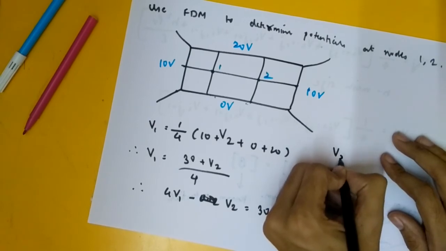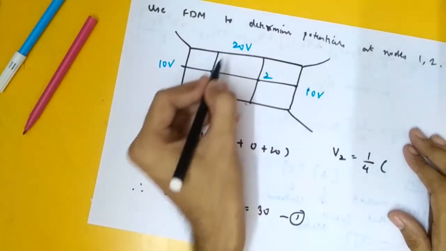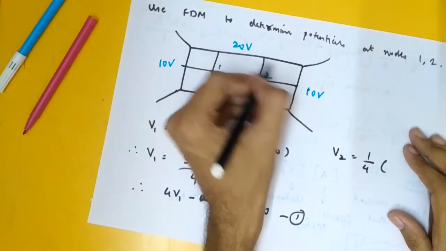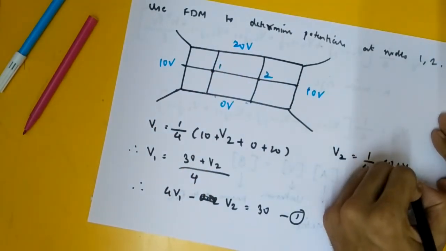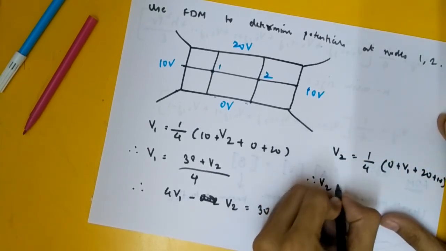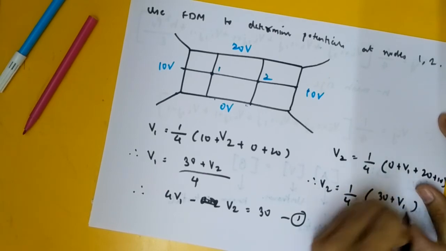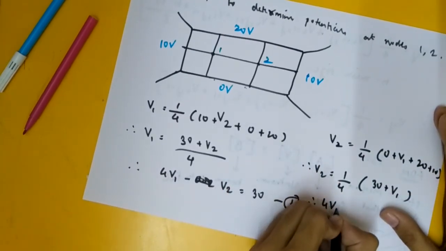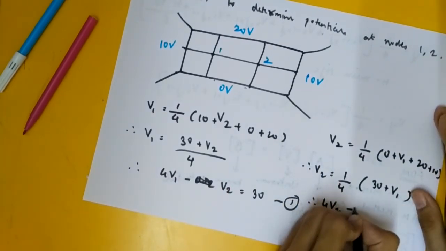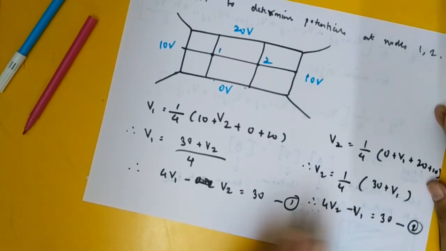Similarly we will get V2 equal to 1/4. What are the neighbors? 0, 10, 0, V1, this is 20, 10. So therefore V2 equal to 1/4 into 30 plus V1. So therefore 4V2 minus V1 equal to 30. So this is equation 2.